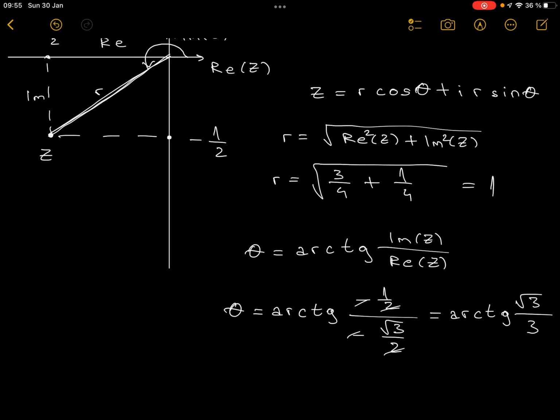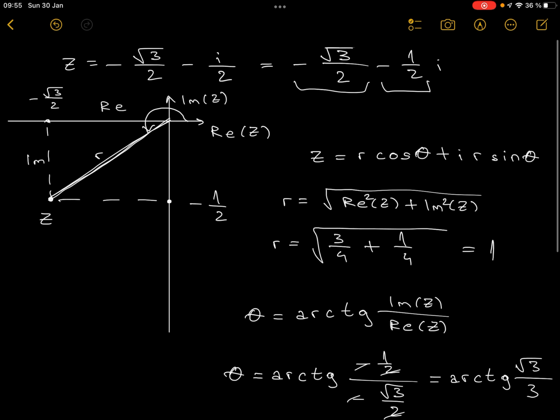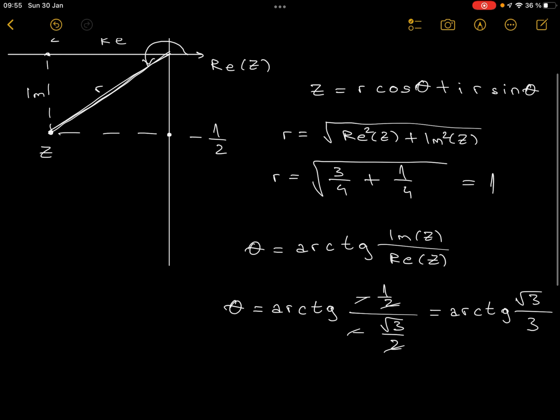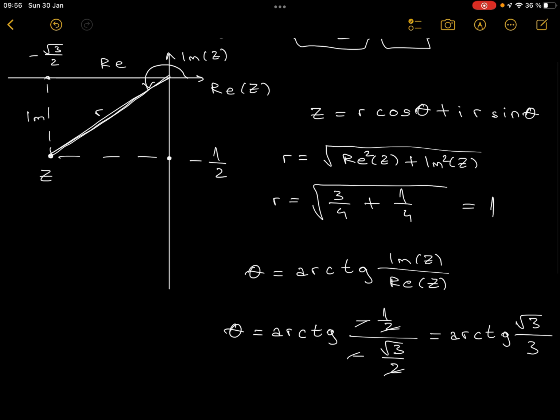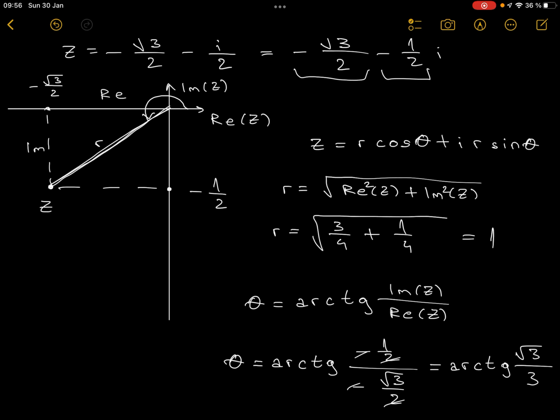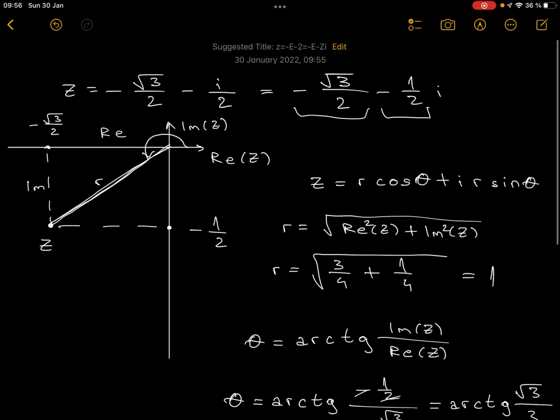Now, since there are multiple angles, it wouldn't really be correct if we wrote any of those angles. Why? Because we want to know in which quadrant of the complex plane our complex number is located. Since both of its parts, both real and imaginary part, are negative, it's located in the third quadrant.